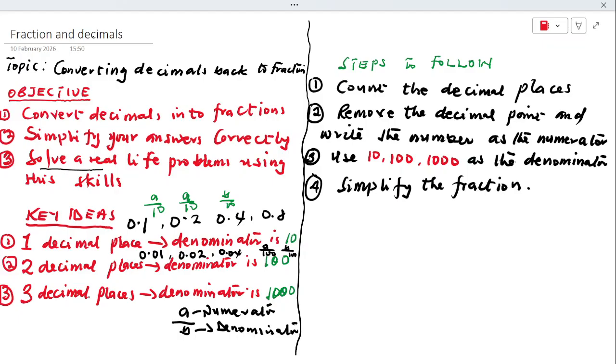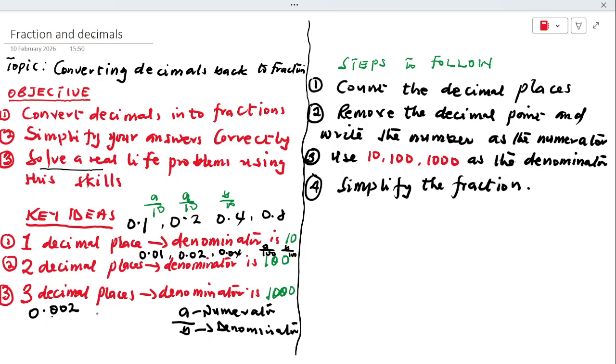So if you have 3 decimal places, you have a decimal fraction that looks like 0.002, because there are 3. The number of numbers after the decimal point, if it is 3 numbers, then it is 3 decimal places. If it is 2 numbers, then it is 2 decimal places.